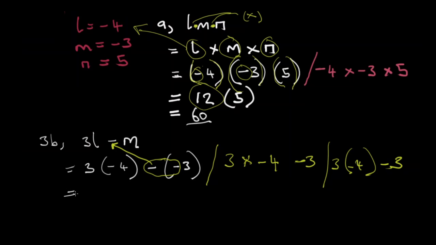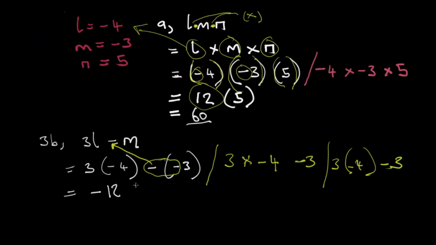We are going to say, what is 3 times minus 4? This is now minus 12, because a negative is multiplying a positive. Then what is minus minus 3? Minus minus 3, when negative signs interact directly, they become positive.